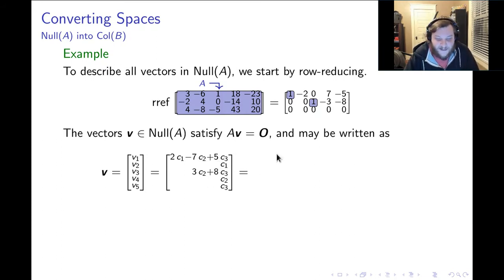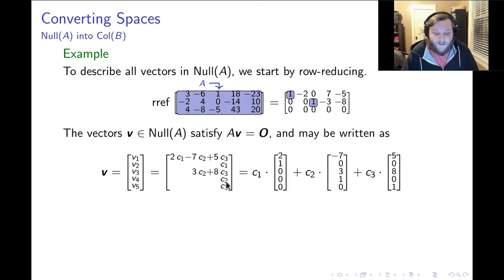The second dependent variable here can be solved for with the second equation. That equation would be v3 minus 3 times c2 minus 8 times c3 equals 0. And when we solve for v3 here, we get 3c2 plus 8c3. And so now I have the complete solution vector to AV equals the zero vector.